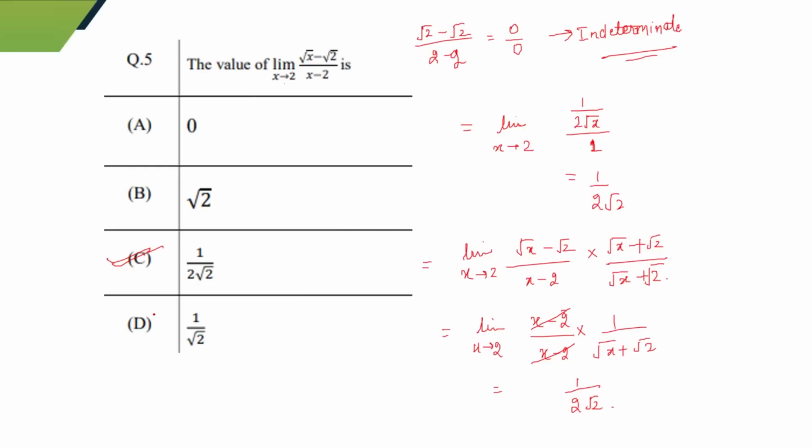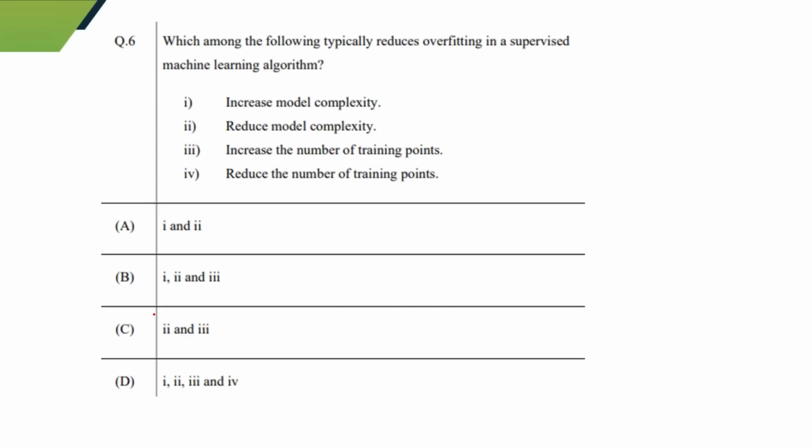Okay, so this is a question based on limit. Now next question we have is, which among the following typically reduces overfitting in a supervised machine learning algorithm? So this is a machine learning algorithm question. So what is overfitting?